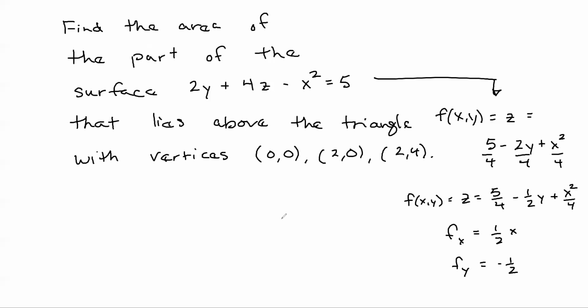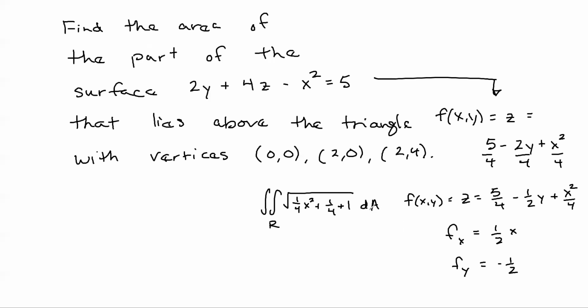So we're going to have double integral square root of 1/4 x squared plus 1/4 plus 1 dA over R. So that's the order that I would recommend. First, focus on getting your surface defined, then finding the partials, then creating the formula, and then second is to go through and look at the region.